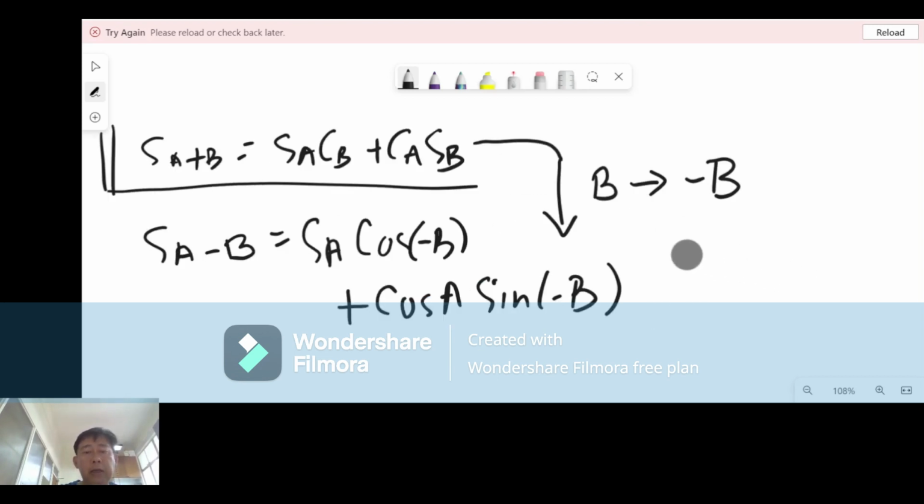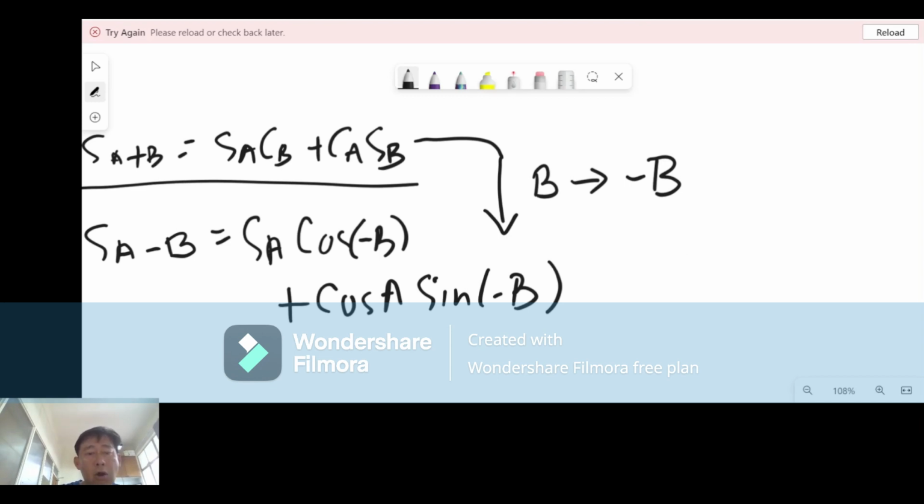And applying the CAST rule, cos of minus b is just cos of b. So here I write down sine of a, cos of b. Cos a, sine of minus b, sine of minus b is just minus of sine of b.